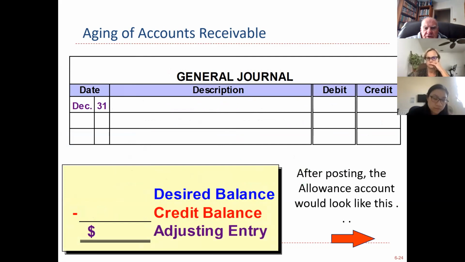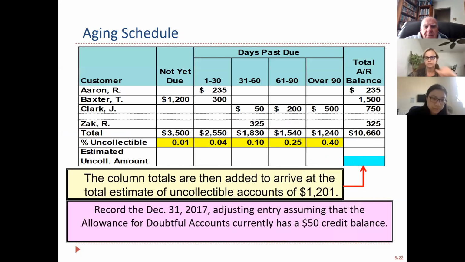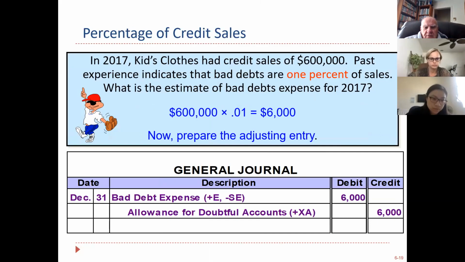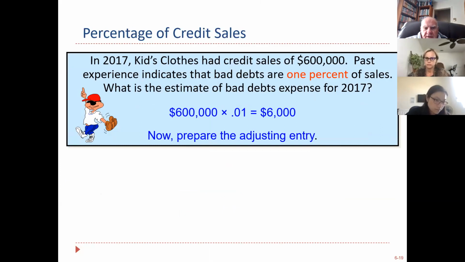Remember our 2 journal entries? Let's go back. Here is recording the bad debt expense. You notice we credited the allowance, so you automatically debit bad debt expense.